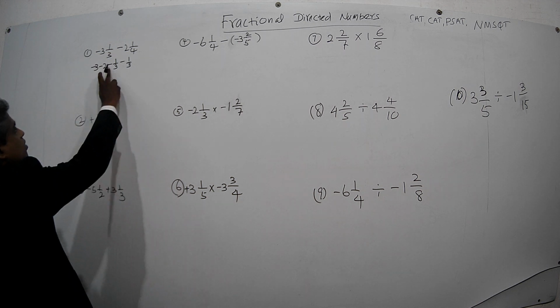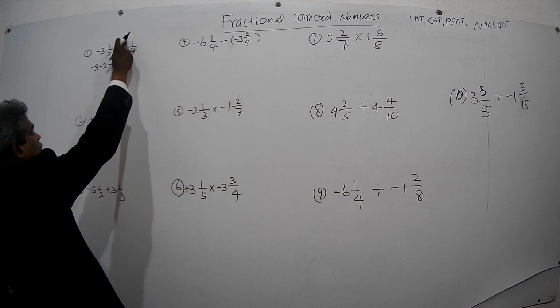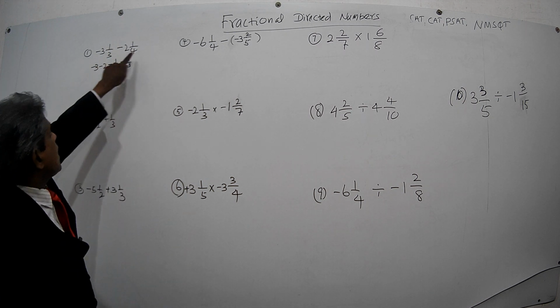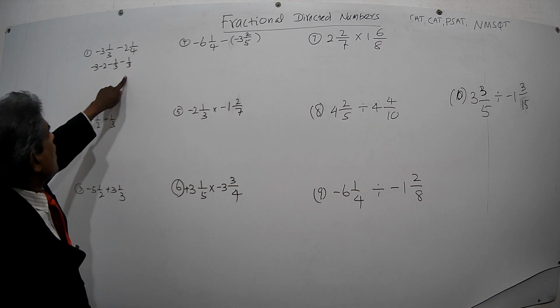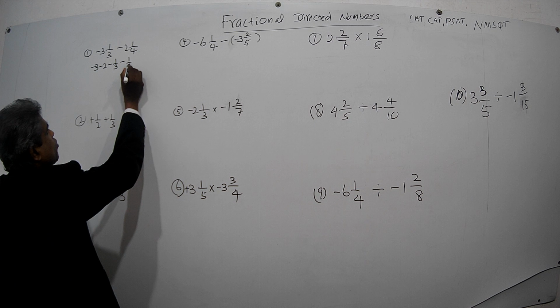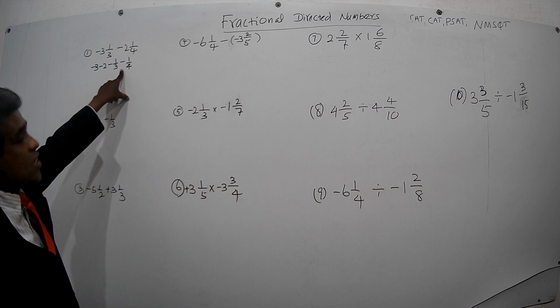That's why here I wrote minus 1/3. Here also this minus is for this whole fraction 2 1/4. Therefore this 2 is minus and this 1/4 is also minus. That's why I have written here minus 1/4.